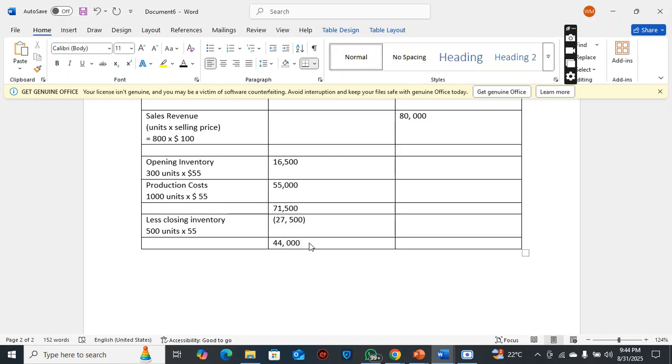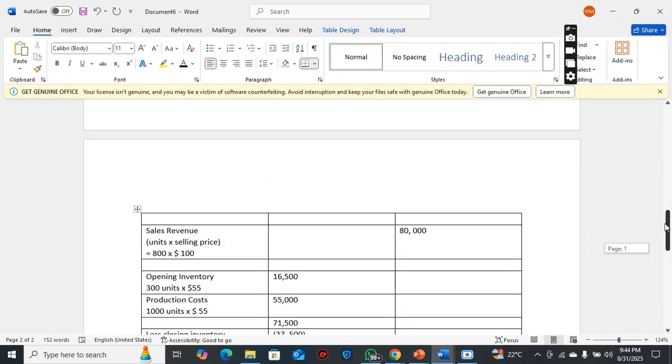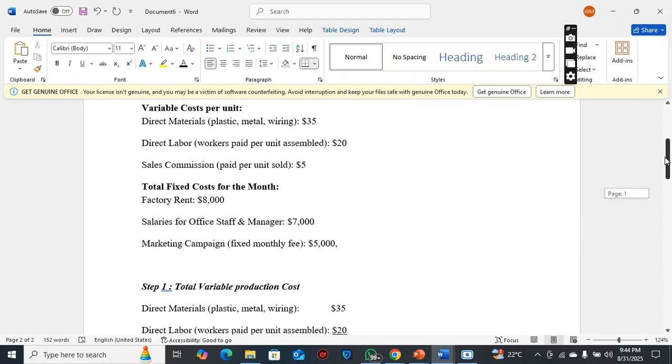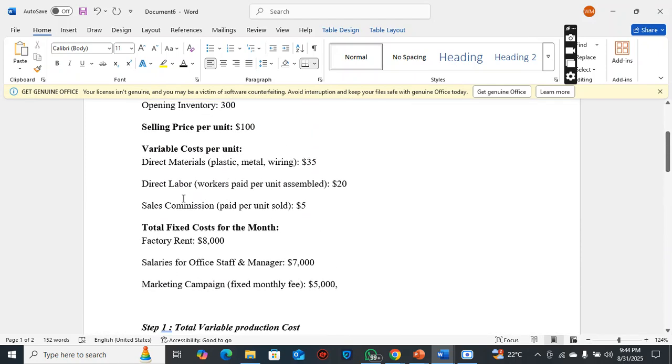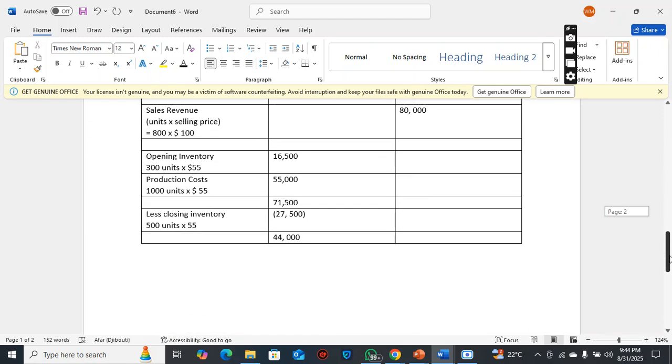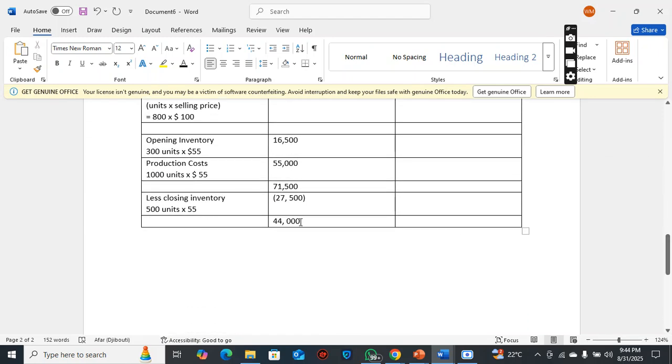Now, I was supposed to put this 44,000 here, but we've also got these selling costs. This sales commission is $5 for each unit sold. So we add it to our, basically, cost of goods sold.